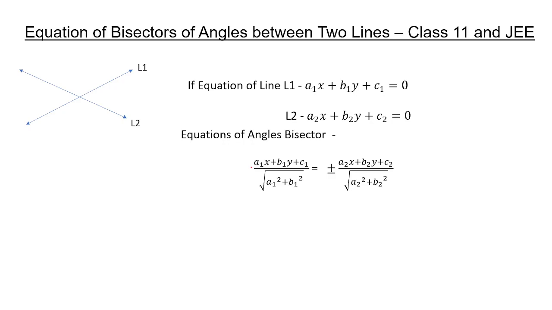So from this equation it is very clear that there will be two angle bisectors between two lines. If we really see how it happens, one bisector will be this line and the other bisector would be this line.